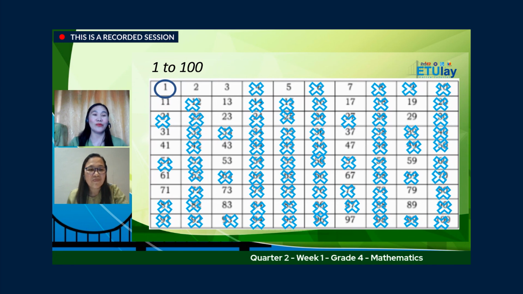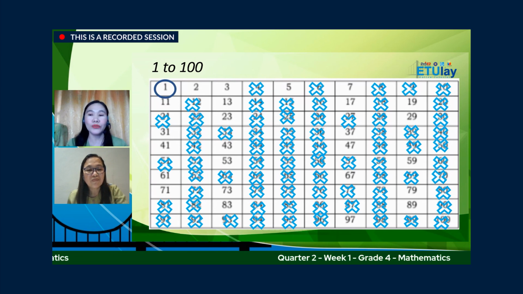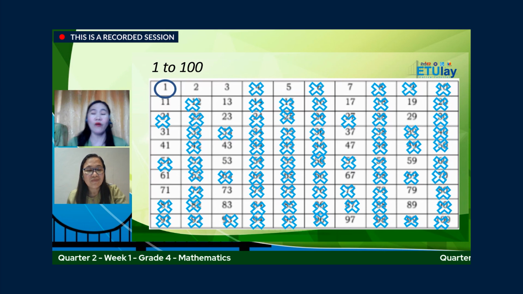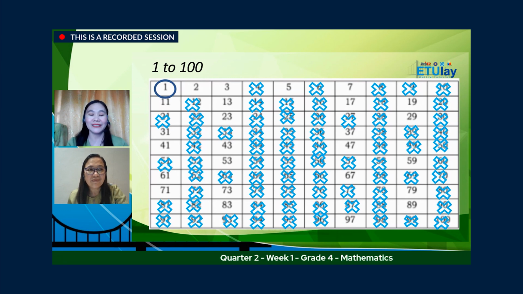Hindi mo pwedeng sabihing yung 1 ay composite or prime kasi we call this a special number. Okay. So, the numbers that were crossed out are examples of composite numbers. So, ibig sabihin, they have more than 2 factors. How about the remaining numbers? Ayan, yung mga walang nailagay na cross. We call these prime numbers.